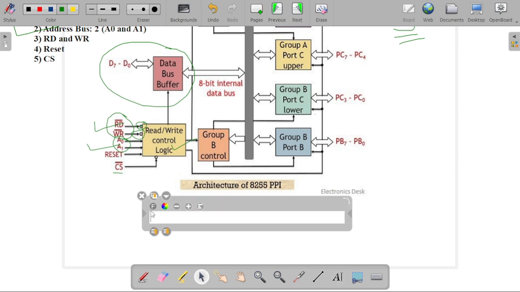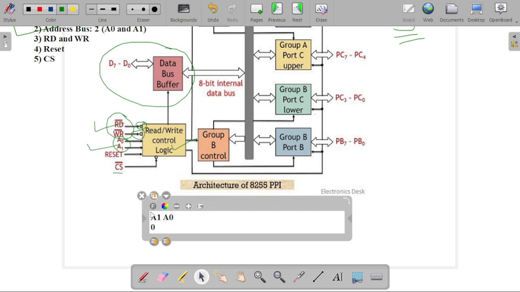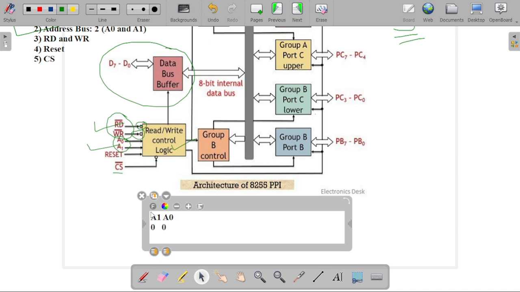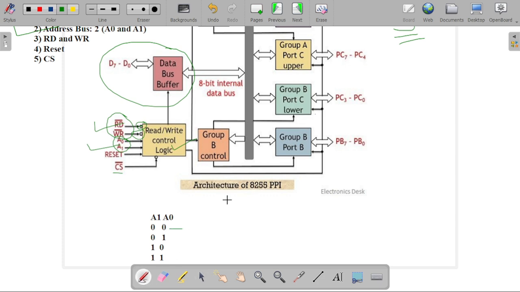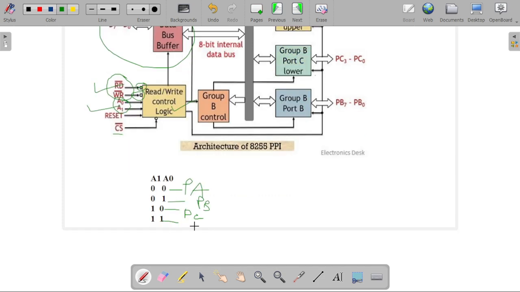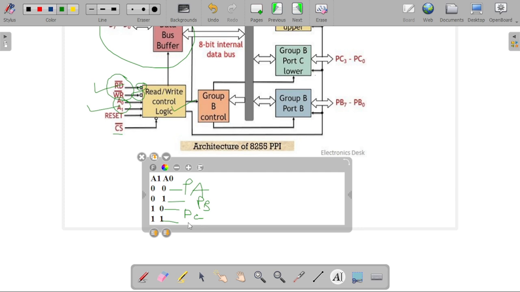Here we have the two address lines, A0 and A1, which can be 0 0, 0 1, 1 0, and 1 1. When the signal is 0 0, port A will be selected. If it is 0 1, then port B will be selected. If it is 1 0, then port C will be selected. And if it is 1 1, then we are selecting the control register.